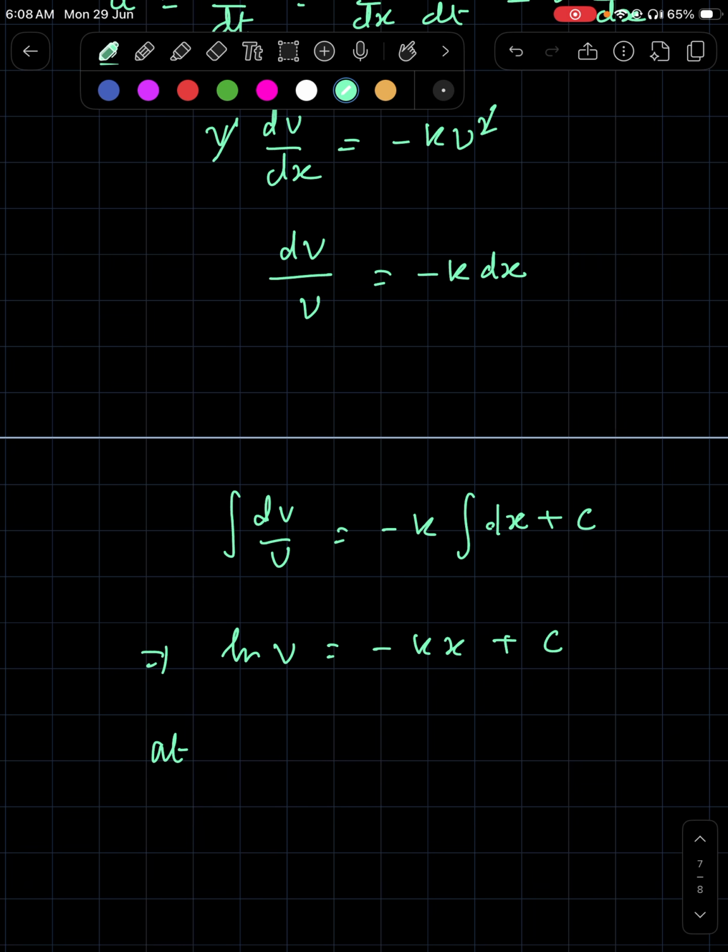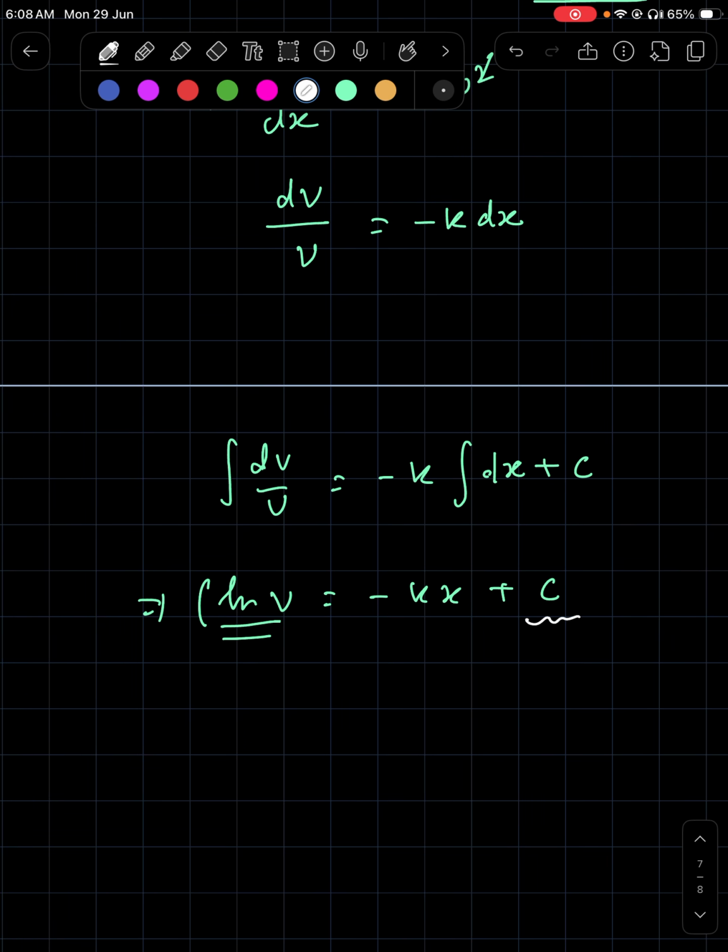When a log or ln appears on the left side, there is a trick to express the integration constant in terms of the log of another constant, say ln a. So I am taking ln a to the left hand side, that is ln v minus ln a equals minus kx.